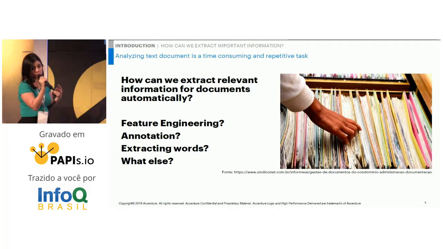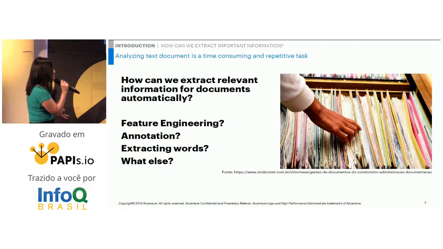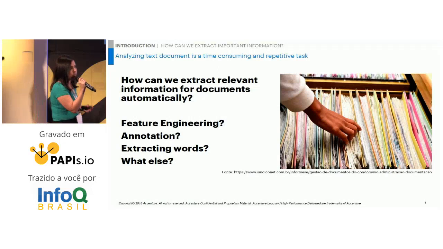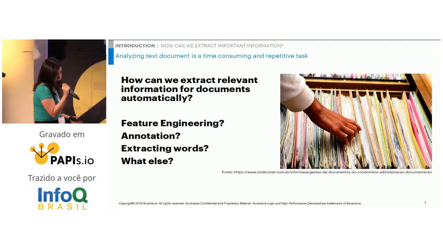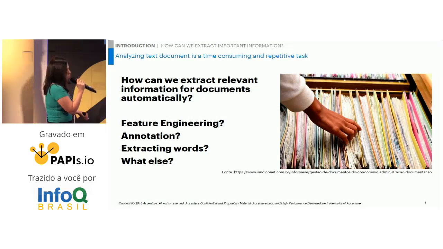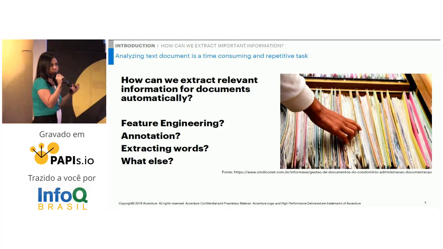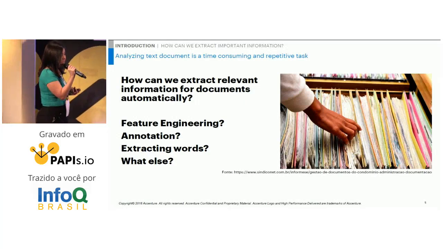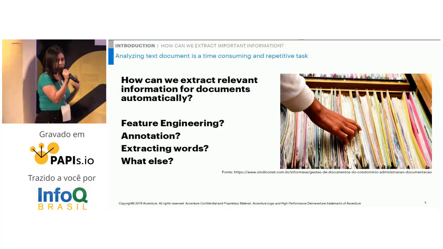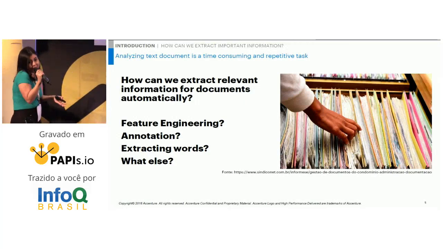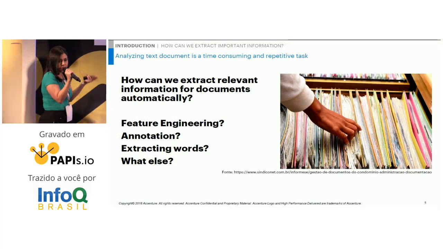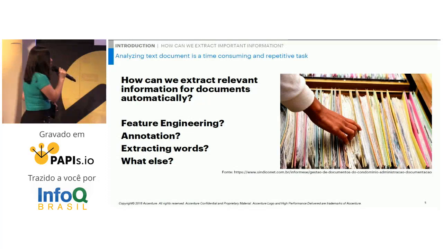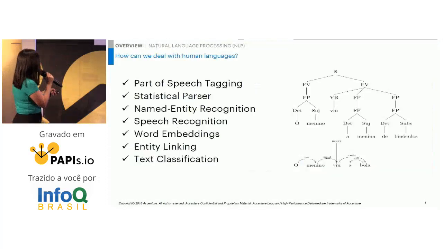We know that documents are mostly written by humans. So we have human language, and this means natural language. Natural language is something tricky, it's not just words or extracting words. They have some kind of meaning, and sometimes they are ambiguous, like one sentence can mean two different things. So how can we deal with that?